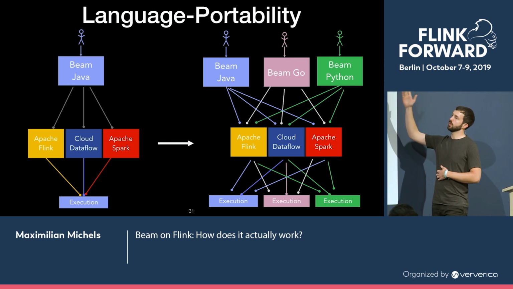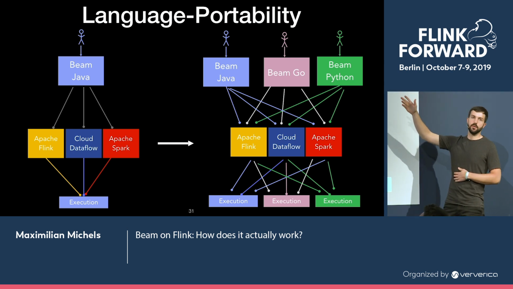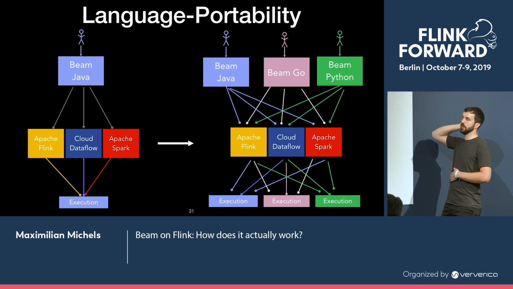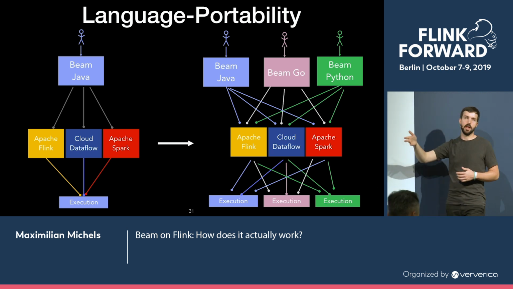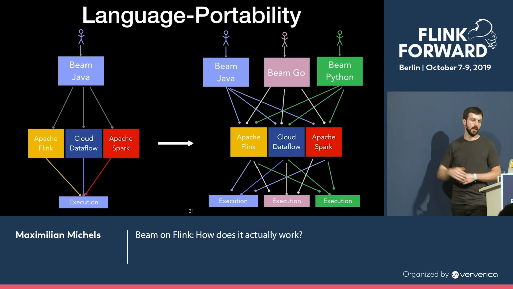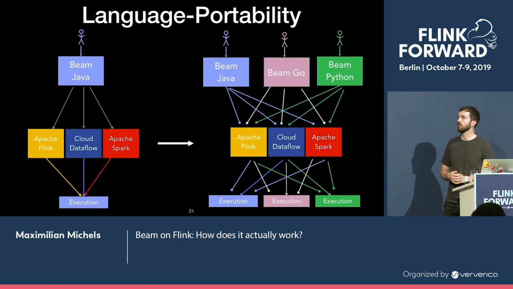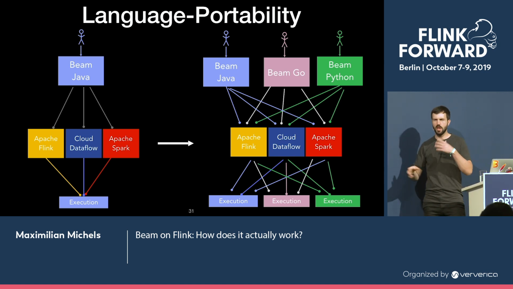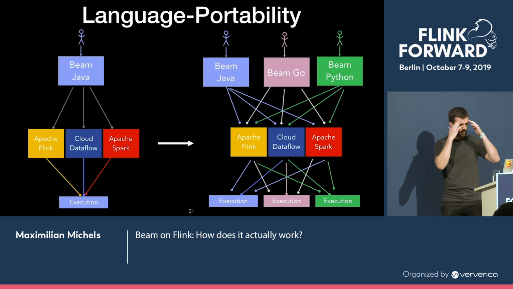Now, when we go to portability, suddenly we have to have additional translators to translate the SDK logic of the Java or Python SDK to the runner, which is written in a different language. And the same again for the execution. We now have Python code in Java. What are we going to do with it?